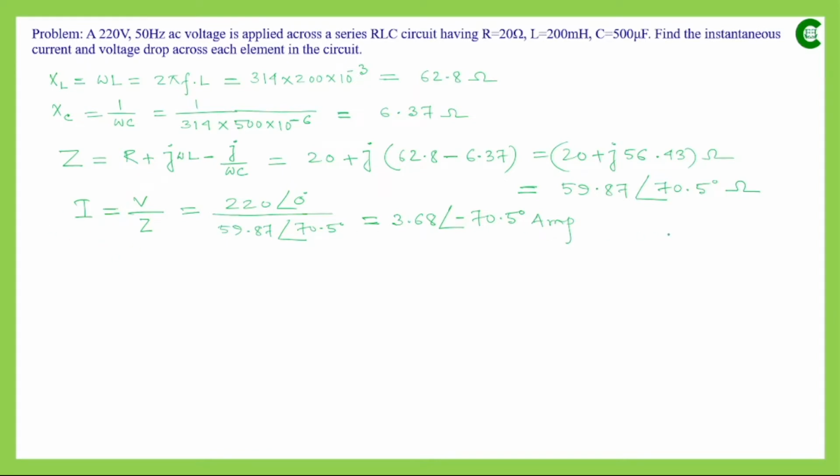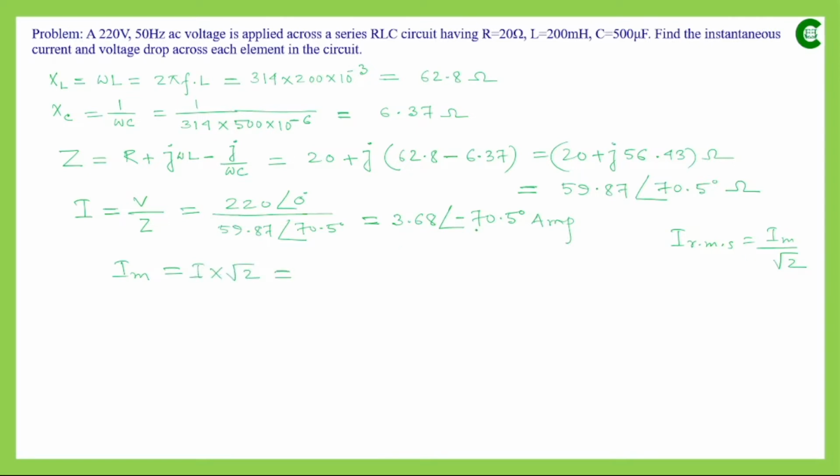Now we know that the RMS value is peak value divided by root 2, and if we want to represent the instantaneous current value, then in that expression we write the peak value of the current or voltage. Here it is current, so we need to get this value Im, and that we can calculate as this IRMS value multiplied by root 2.